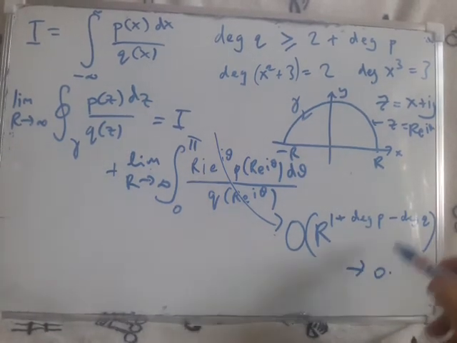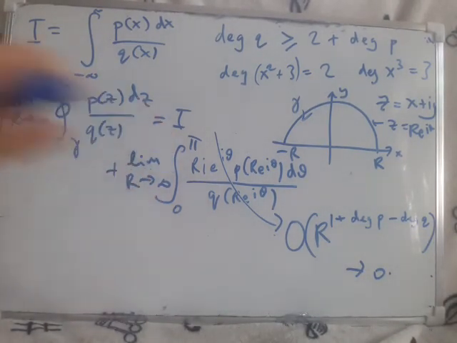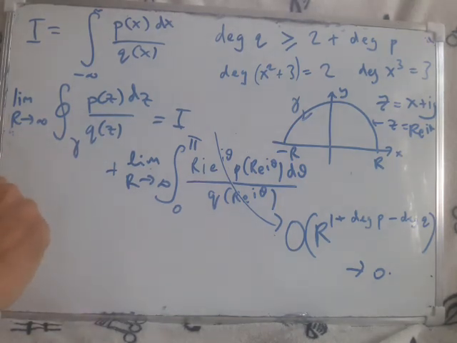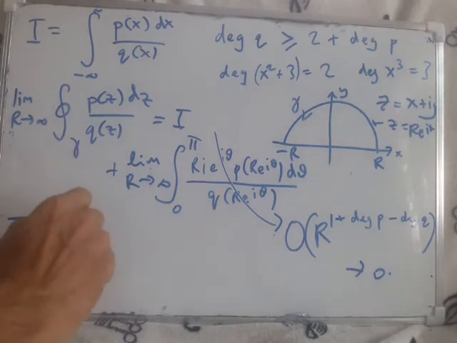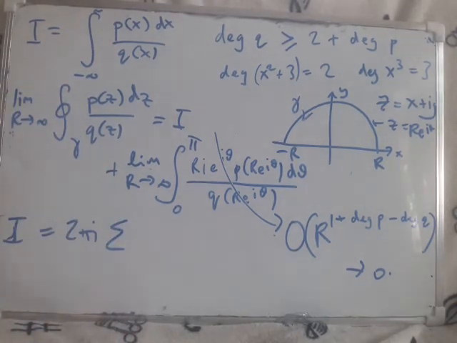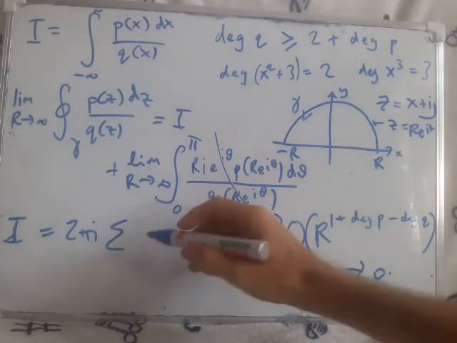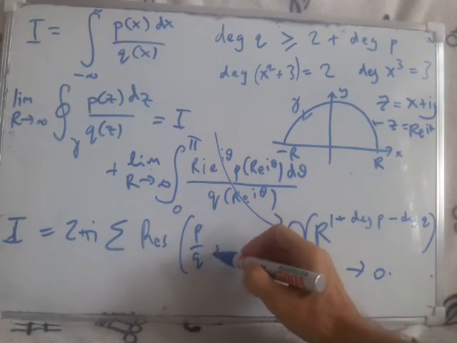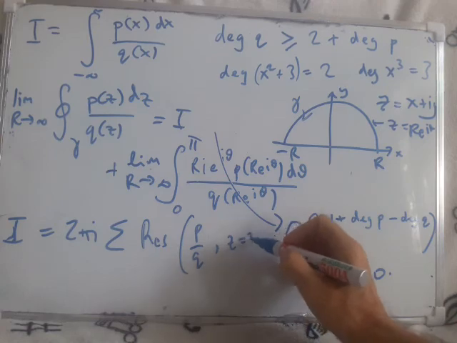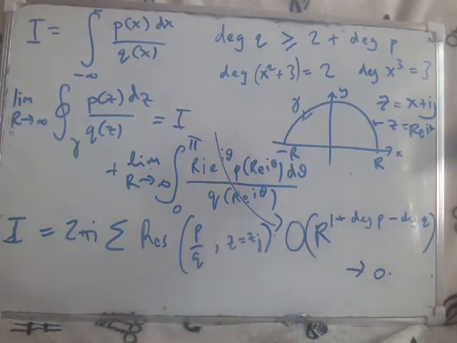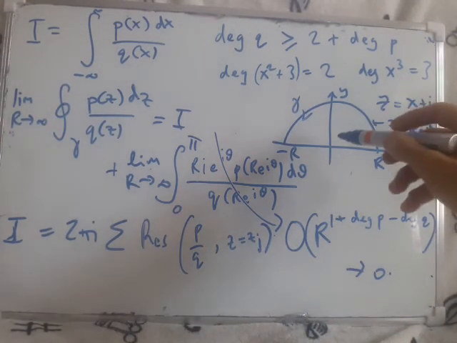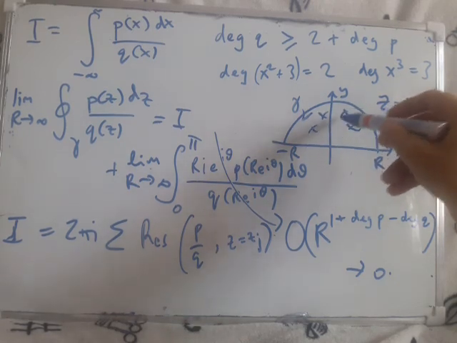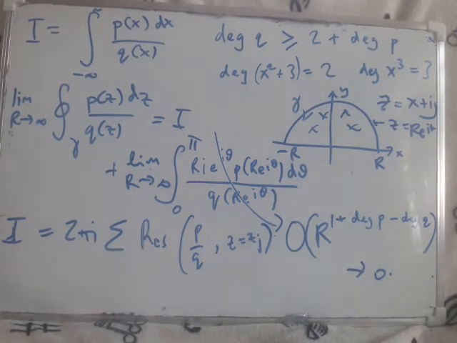tend to 0, and we just end up with I being 2 pi i, the sum of the residues of p over q for z equals zj, where zj are any of the poles above the real axis.